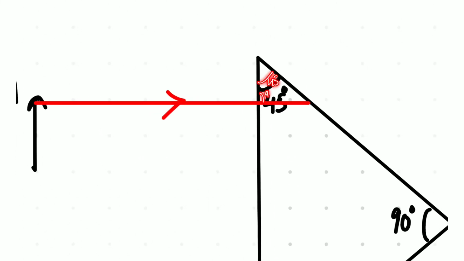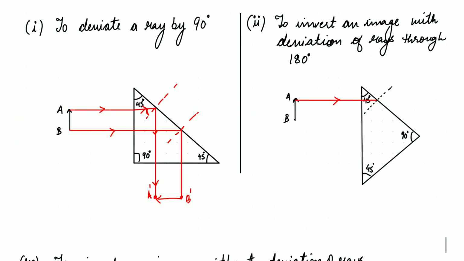This is 45 degree, this is 90 degree, this is 45 degree, and we can make the normal over here. So this will also be 45 degree. That means it has exceeded our critical angle limit. So what is going to happen? It is going to deviate something like that.